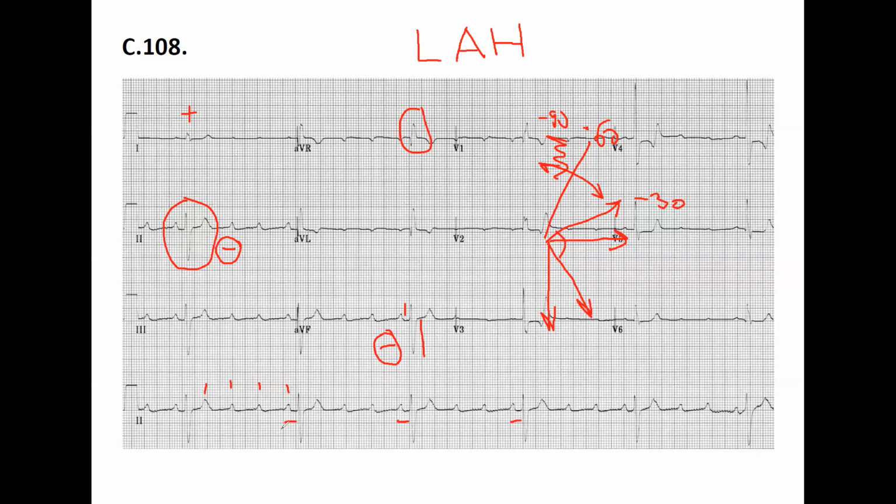That means it's a high degree AV block. And as you see, how many? 1, 2, 3, 4, 1. 1, 2, 3, 4, 1. So this means 4 to 1 AV block. That's a high degree AV block with the left anterior hemiblock. Now, what do you say about it?